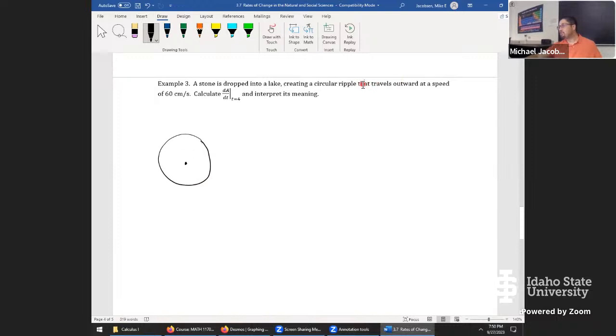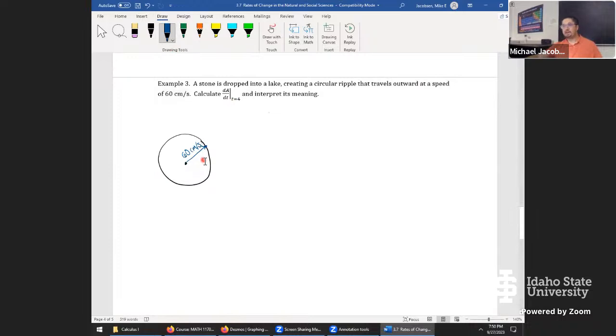It says it's traveling outward at a speed of 60 centimeters per second. So for that bit of information, I'll put a line that comes out like this, maybe an arrow just to signify it's changing, and say that that arrow is increasing in length at a rate of 60 centimeters per second.